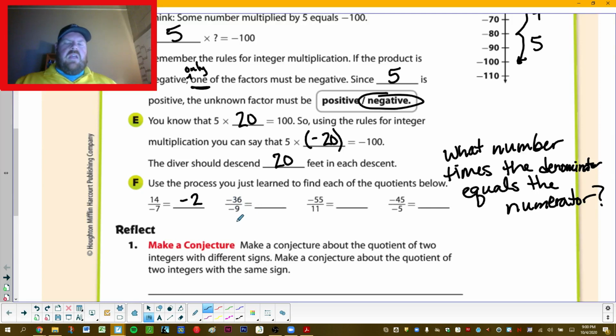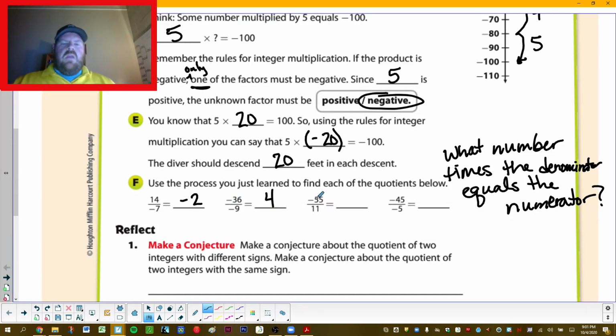-36 divided by -9: we would think about -9 times what number will give me -36. I know that 9 times 4 equals 36, and since I want my answer to be negative, my 4 has to be positive.